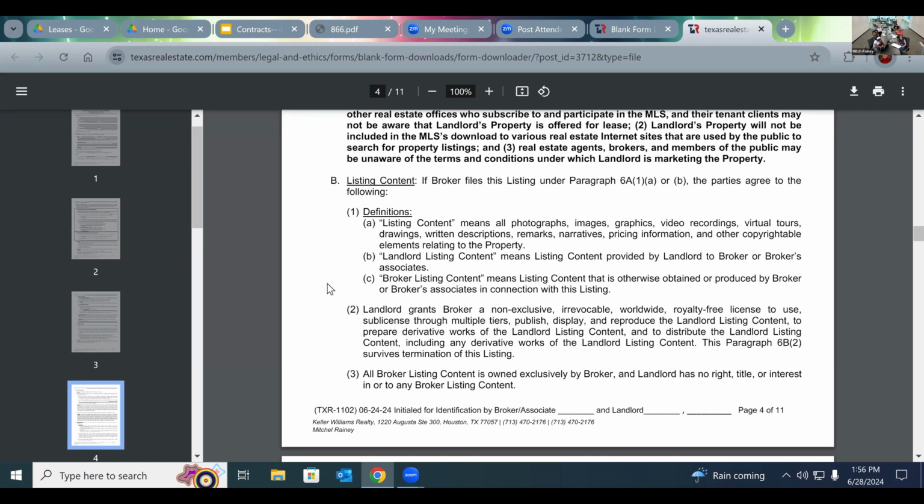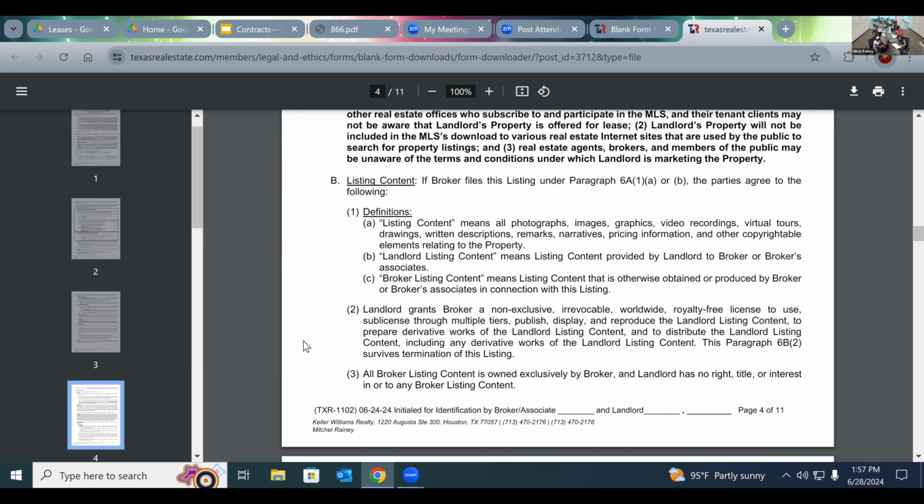Listing content means all photographs, images, graphics, videos, virtual tours, drawings, all of that is the property of the broker. You do your pictures, your videos, it's property of the broker. Landlord grants broker non-exclusive, irrevocable, worldwide, royalty-free license to use, sub-license, and so on.